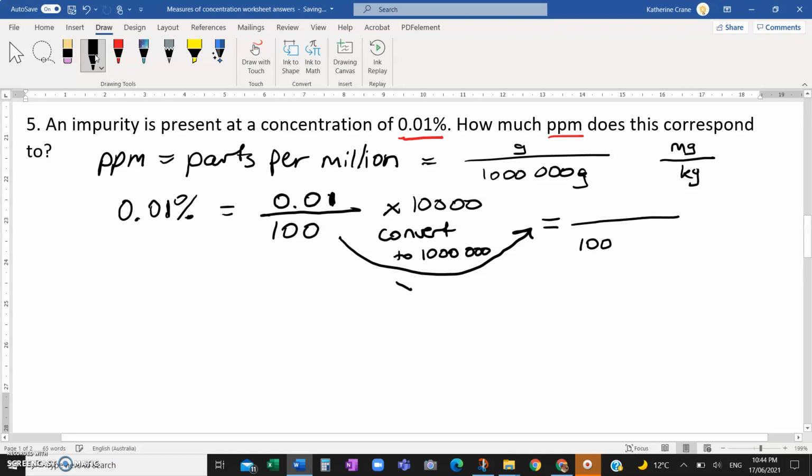So now on the bottom, I have a million, and we don't even know what the measure is. It's just a part of the same thing. Anything you do to the bottom, you also have to do to the top.